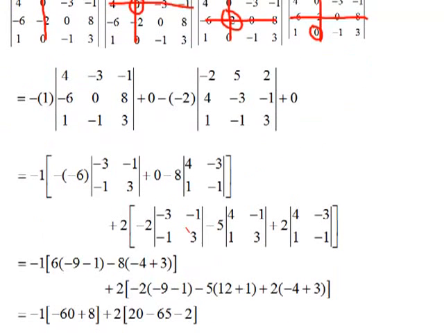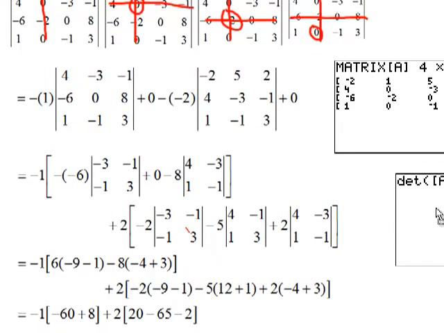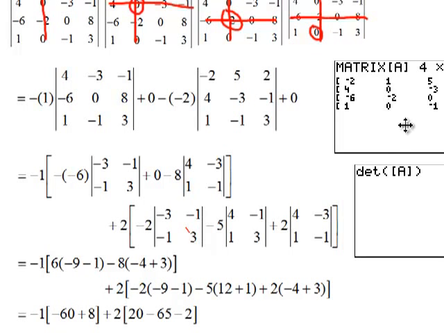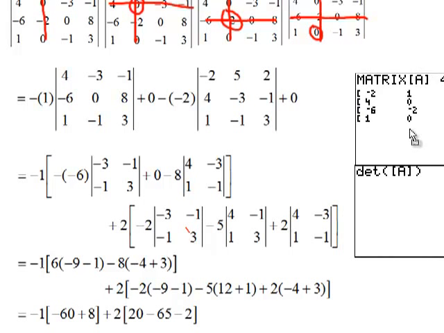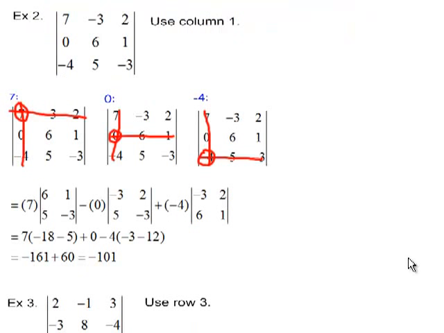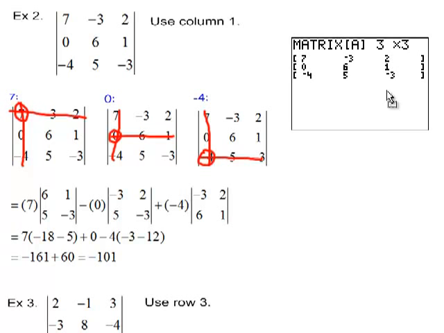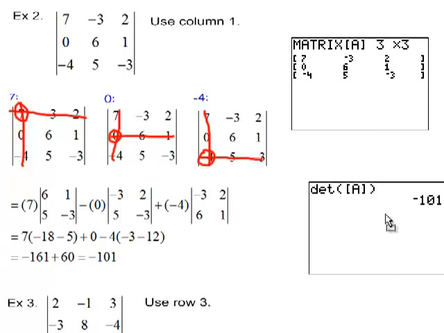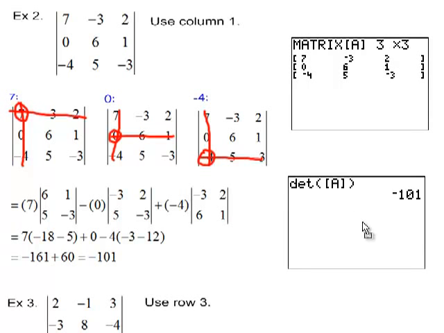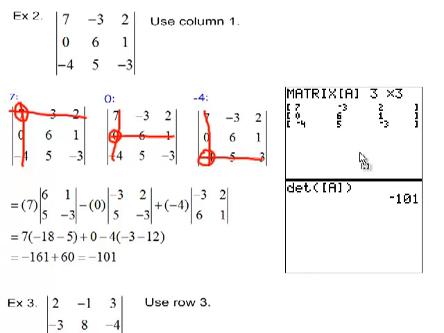Folks, now you know. So I already did the screenshot for you. I also have the answer for you. And for the other problems on the other page, for example, number 2, I did this, store the matrix for you, and the determinant was negative 101.